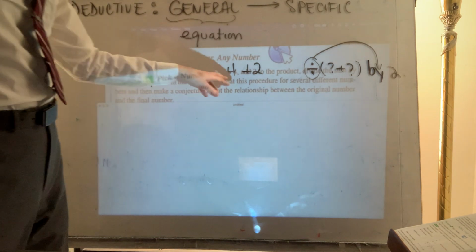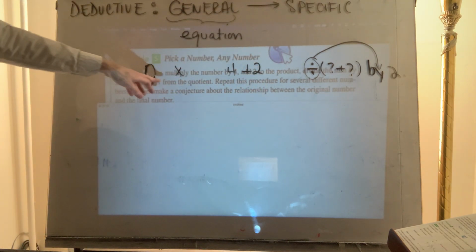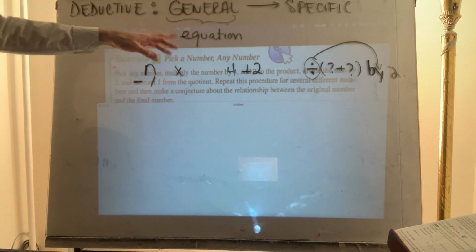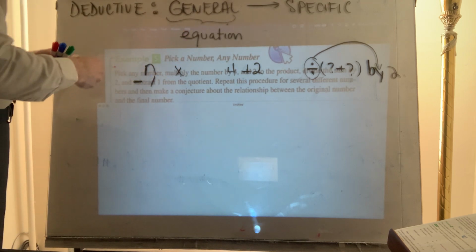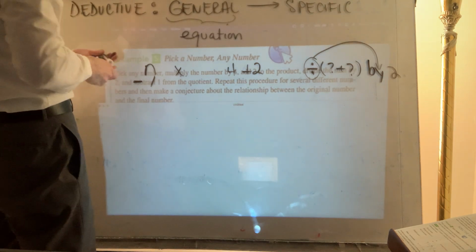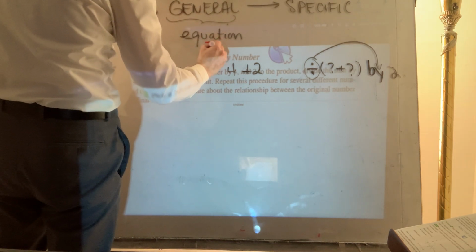Now, if we follow the instruction further, it says, repeat this process for several different numbers and then make a conjecture about the relationship between the original number and the final number. If we're going to write an equation, what symbol must we have in an equation? It's in its name, an equal sign.